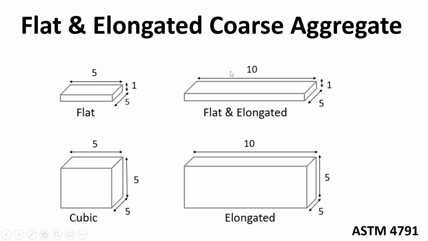This would be a 1:10 ratio for flat. So if you want to do flat and elongated, you would actually have to compare your flat and elongated number. And then just for elongation, you compare how long it is compared to how thick it is, your second dimension.